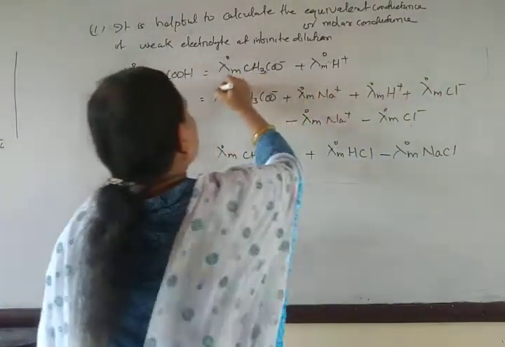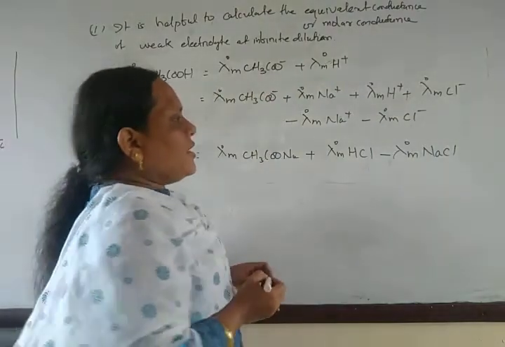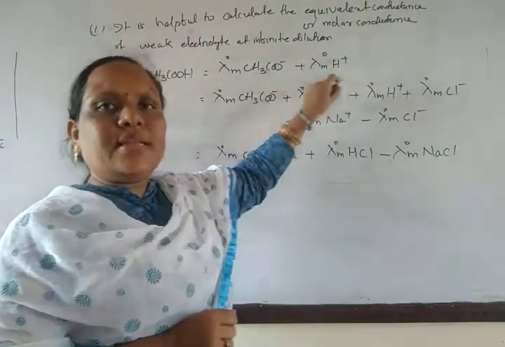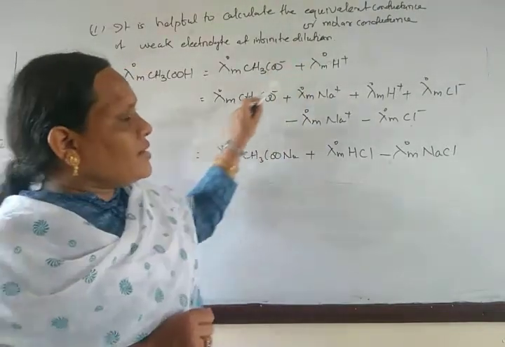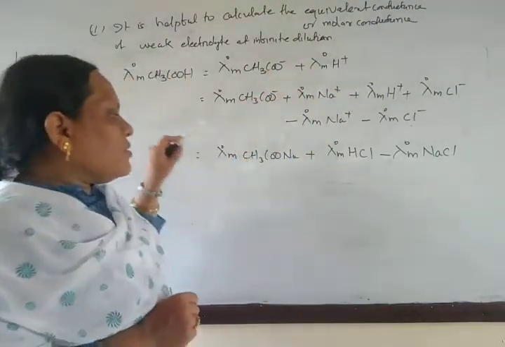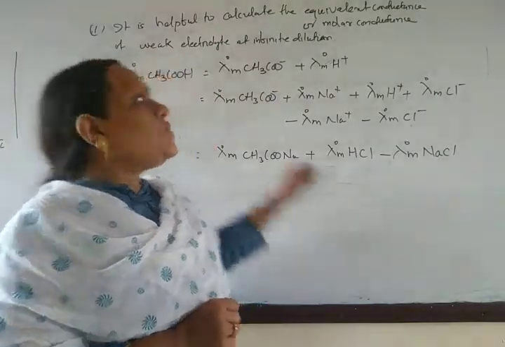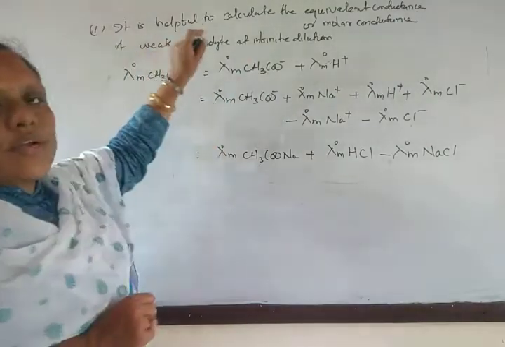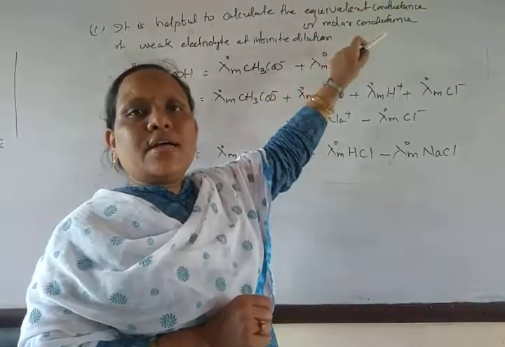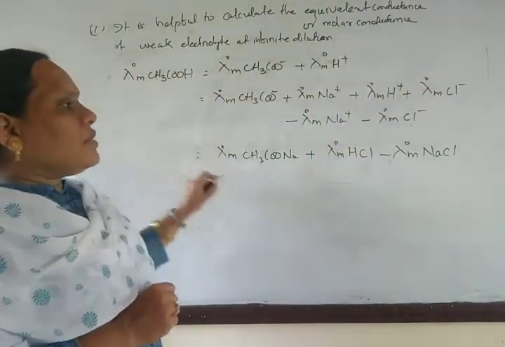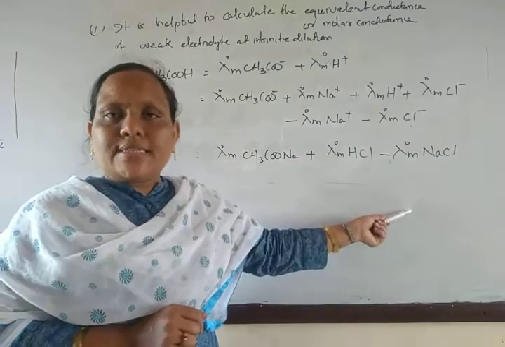Okay. So if we cannot determine this weak electrolyte experimentally, it can be determined by using the molar conductance of some strong electrolytes. So Kohlrausch's law is applicable to calculate the equivalent conductance and molar conductance of weak electrolytes in terms of strong electrolytes.